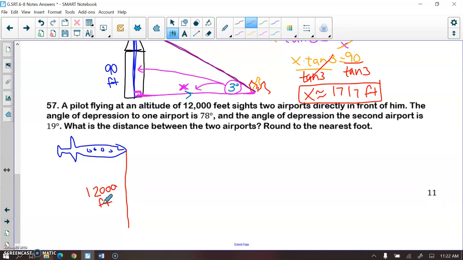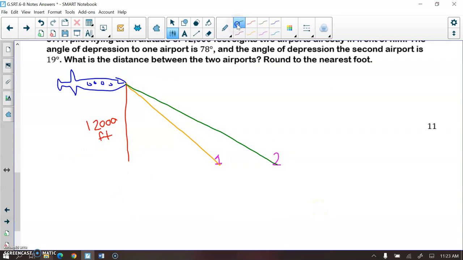And this plane, the pilot sights 2 airports directly in front of him. So this is airport 1, and this is airport 2. And the pilot's looking down at both of these airports. This one here, and this one here. All right, I'm going to finish off this right triangle by connecting those two airports, my altitude line.